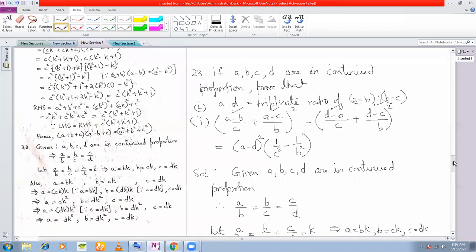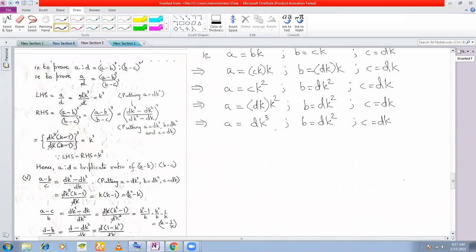Okay, the first fraction is a minus b by c. A minus b by c, you know a is dk cube minus b is dk square, divided by c is dk.